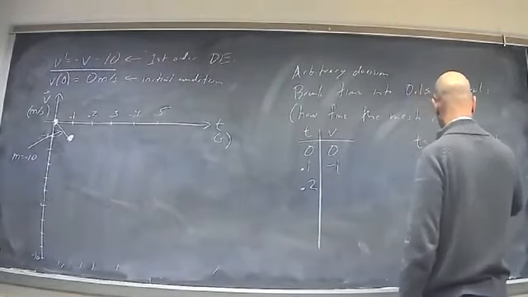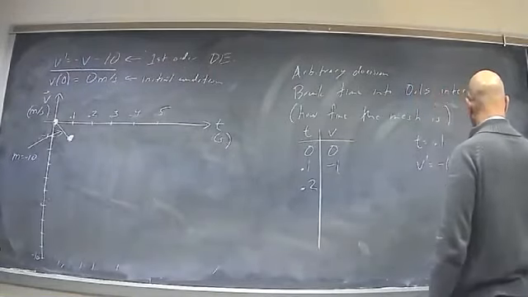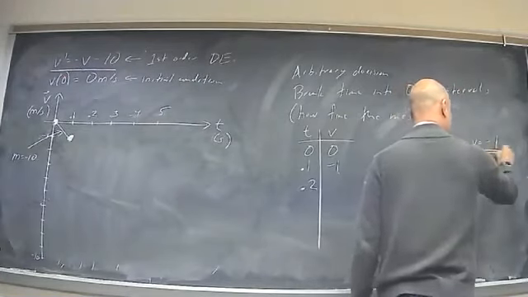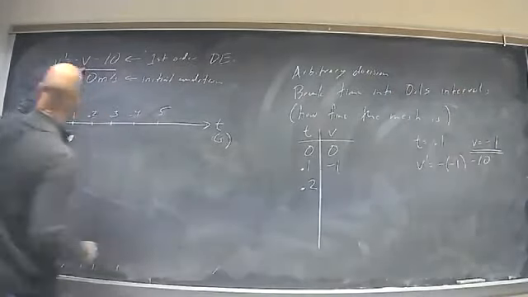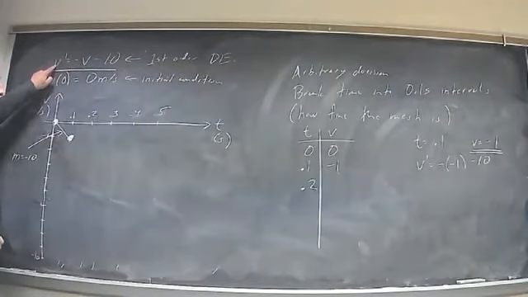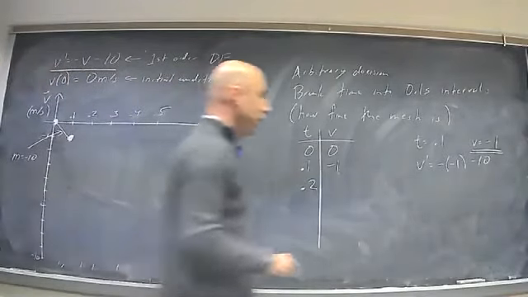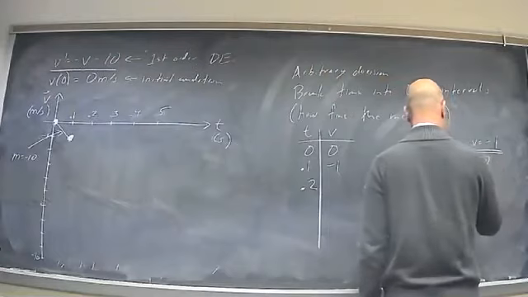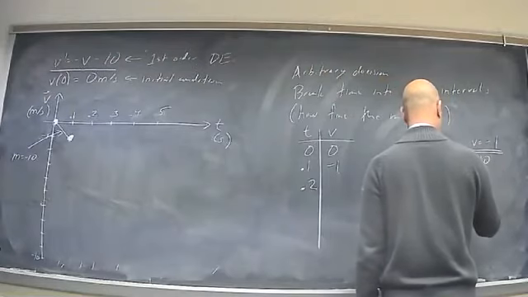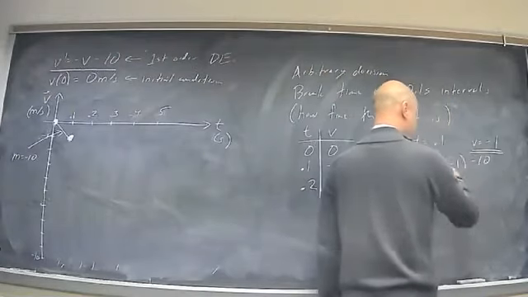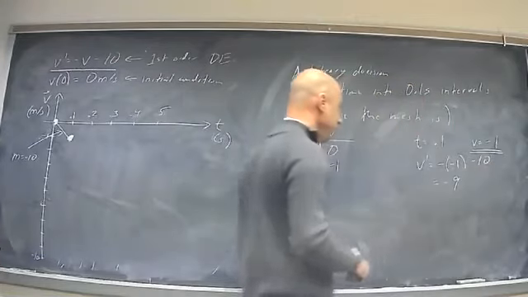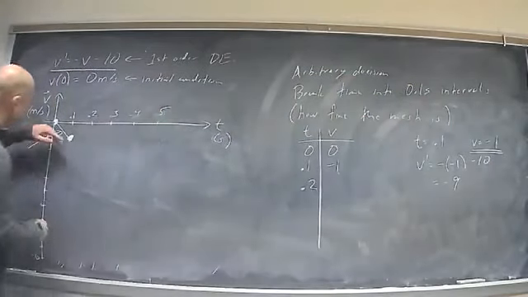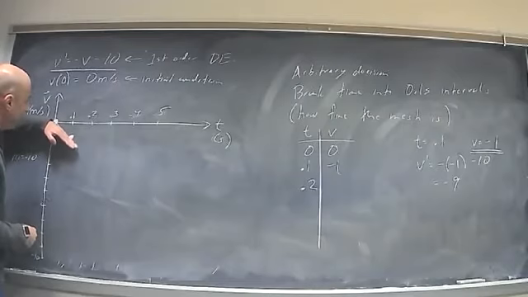So -1 minus 10. I just put my velocity equal to -1 into this equation, which gives me v prime. Minus 1 minus 10 is equal to -11... So my slope here is -9.